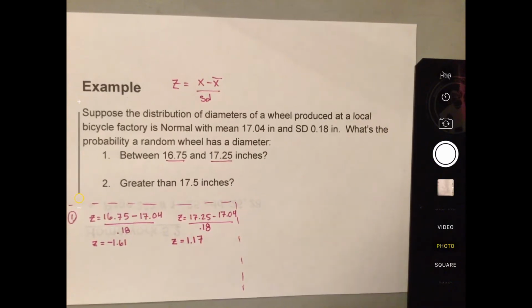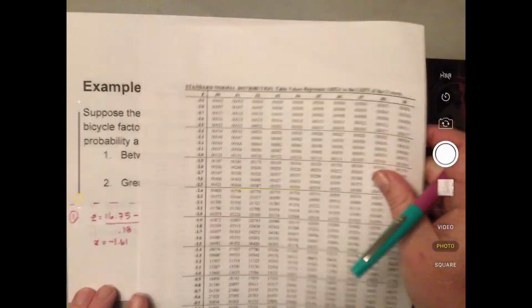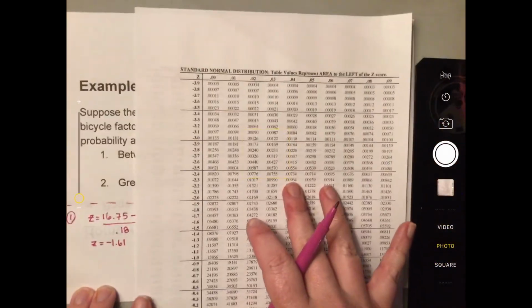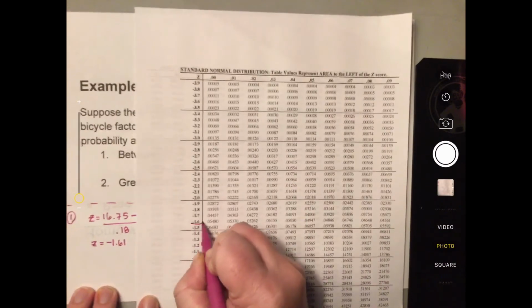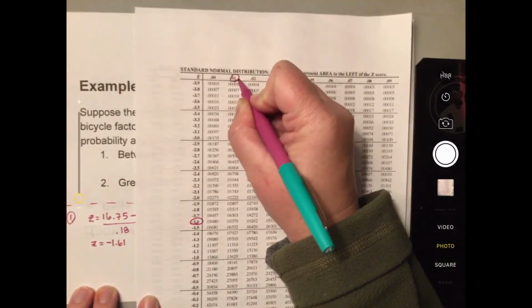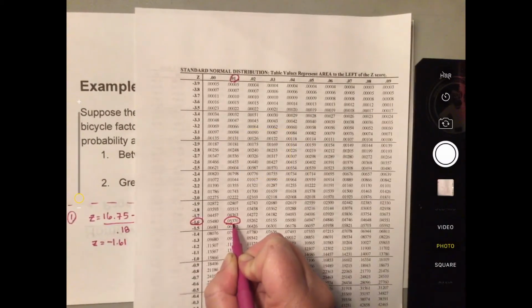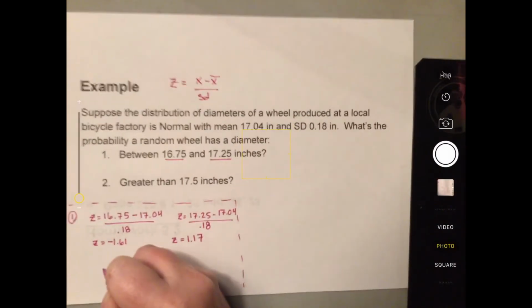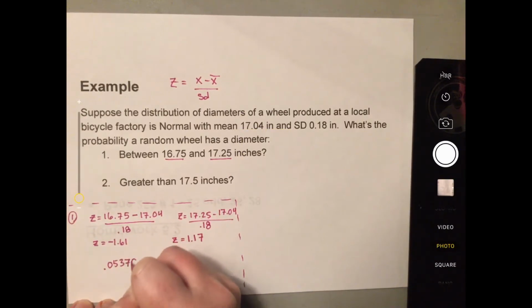Okay, so let's first go to the negative side of your z-score chart. I'm looking for negative 1.61, which looks like it is 0.05370.